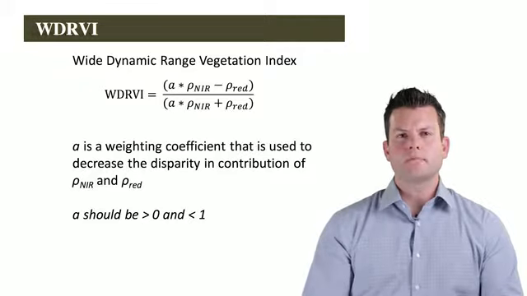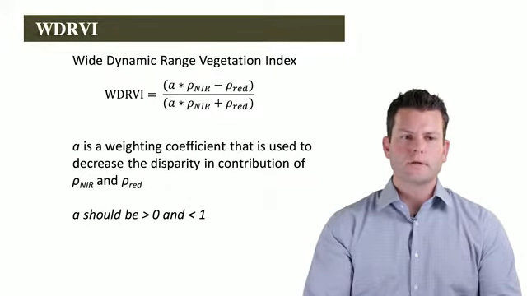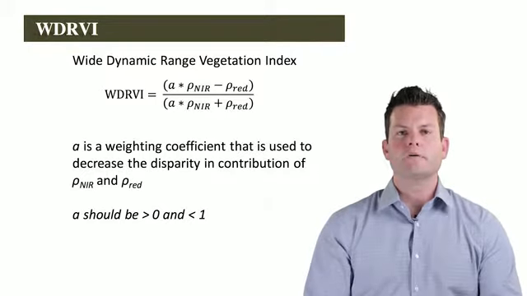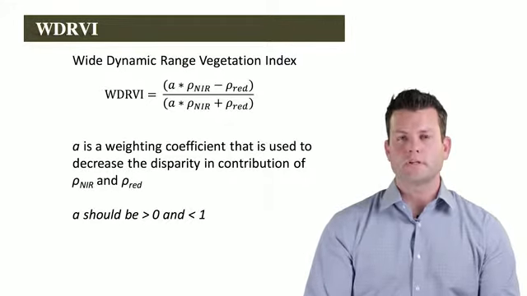And so you can see that A is being multiplied by the near-infrared reflectance to try and reduce its value and bring it closer to the red reflectance value. And in doing so, it balances out the red and the near-infrared contribution to the vegetation index.